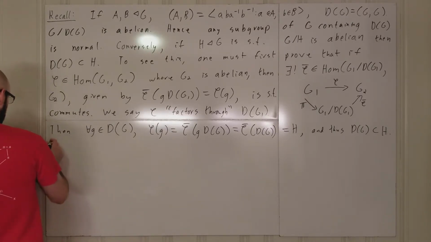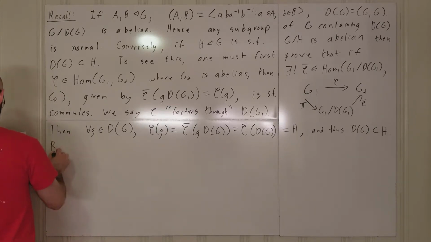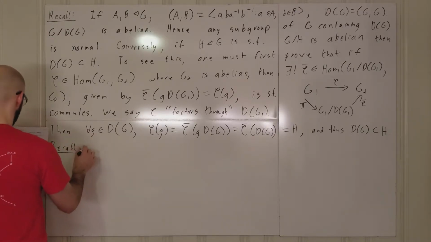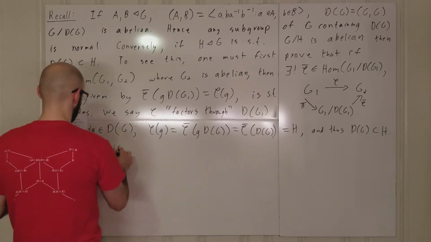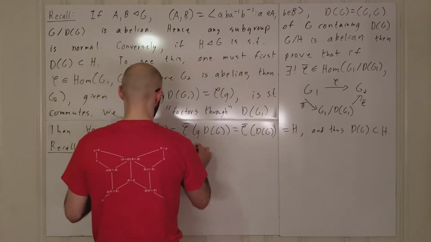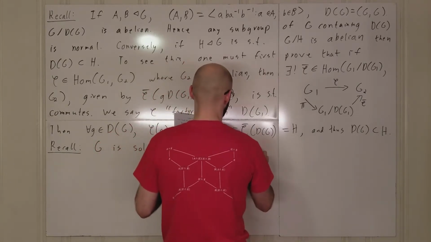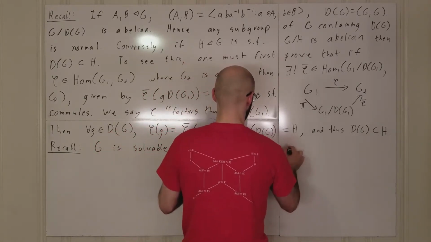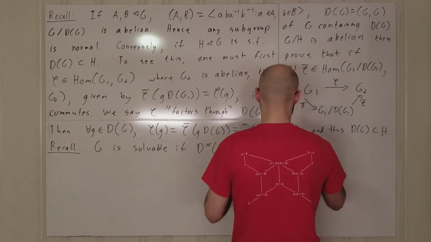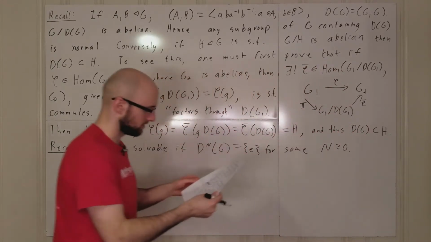So we're going to also recall G is solvable if d to the n G equals the identity for some integer n greater than or equal to 0.